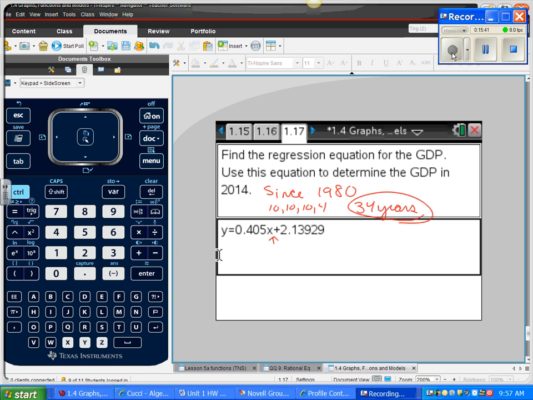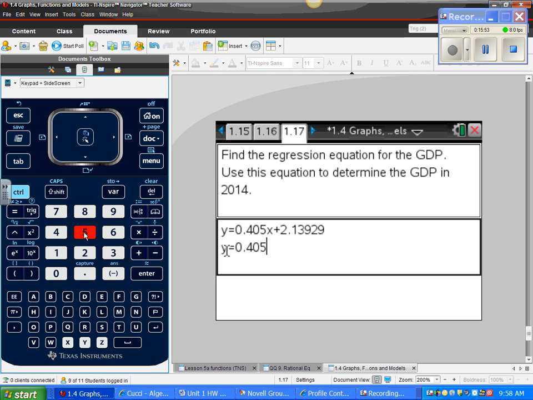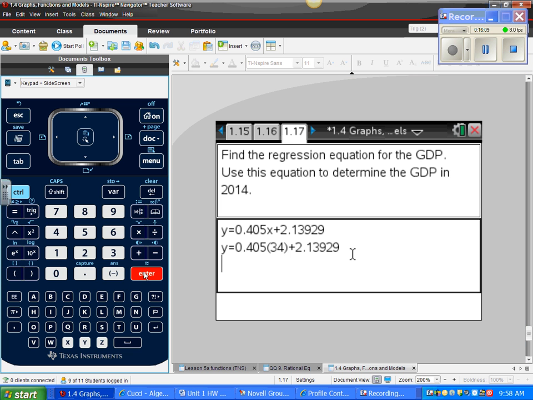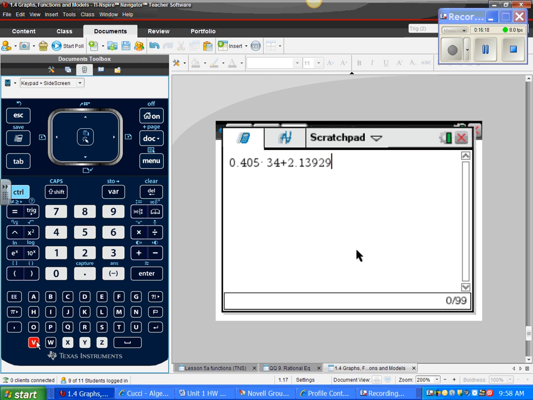So we're going to substitute 34 in for our value of x. And notice I didn't change my equation. I didn't truncate anything. I didn't adjust anything. It is what it is. These numbers are there for a reason. So I'm going to take this and use the tools that I have, and I get 15.9093.